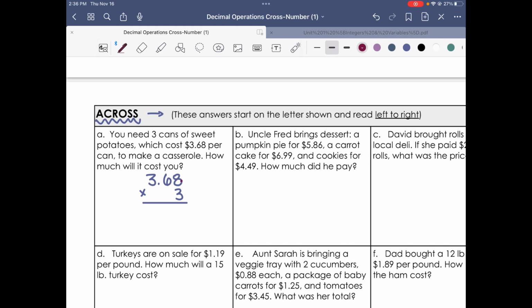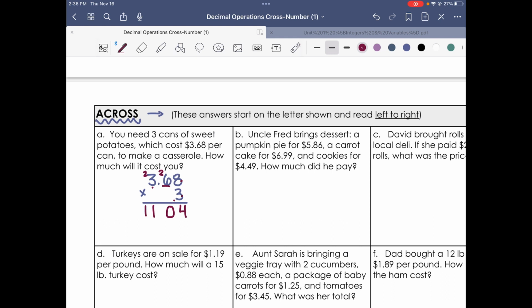So 8 times 3 is 24. You write the 4 and carry the 2. 6 times 3 is 18, plus the 2 we carried over is 20. Write the 0, carry the 2. 3 times 3 is 9, plus the 2 we carried over is 11.